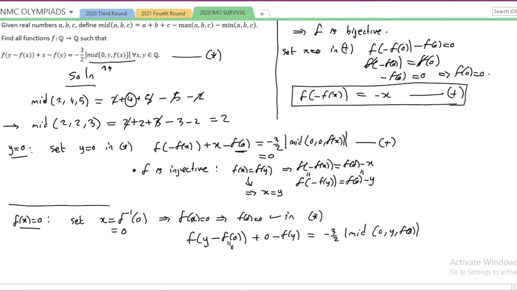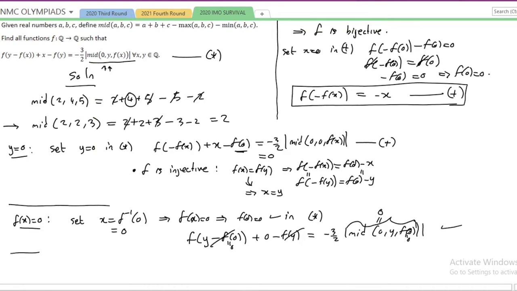So this is 0, this is 0, so all this is 0. And from here we get f of y and f of y, so everything just cancels out here, so nothing new, just checks out.